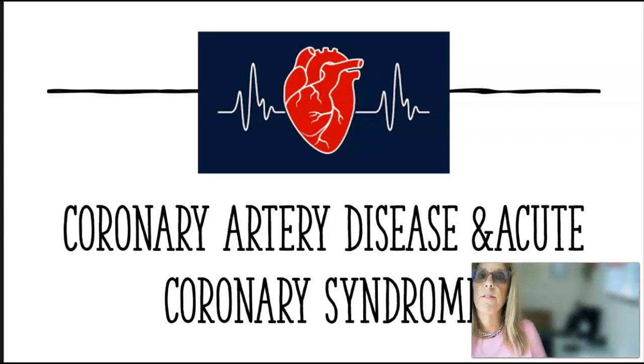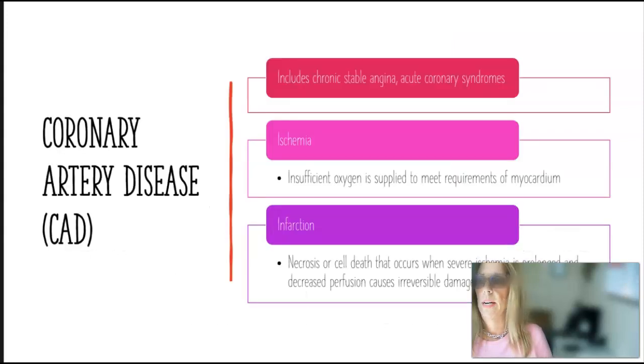Now, if it progresses on, that's where we start talking about acute coronary syndrome. And this is where these patients are going to be our unstable angina and MI patients. And then you'll also see patients that have had angina that is considered chronic and ongoing.